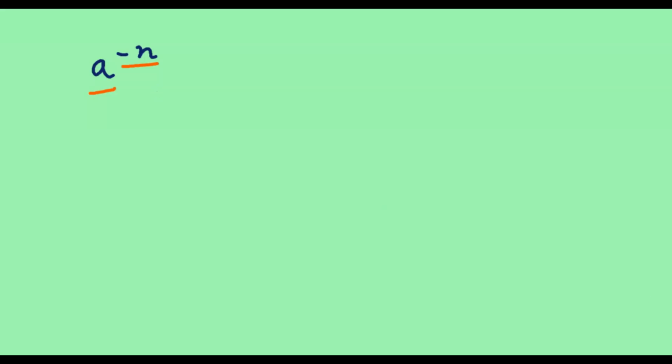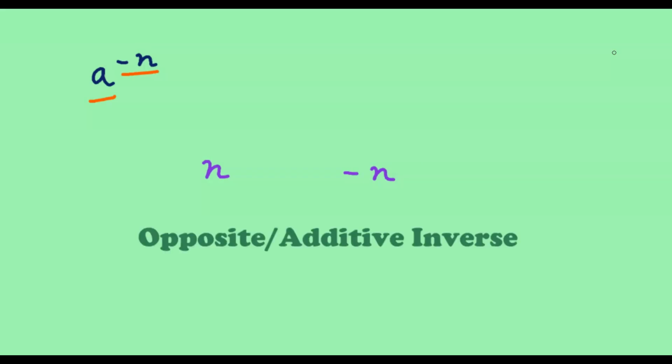Now, if we consider the numbers n and negative n, then negative n is the opposite or the additive inverse of n. Now, division is the inverse operation of multiplication. So a to the power of negative n actually means that we need to divide by a n times.